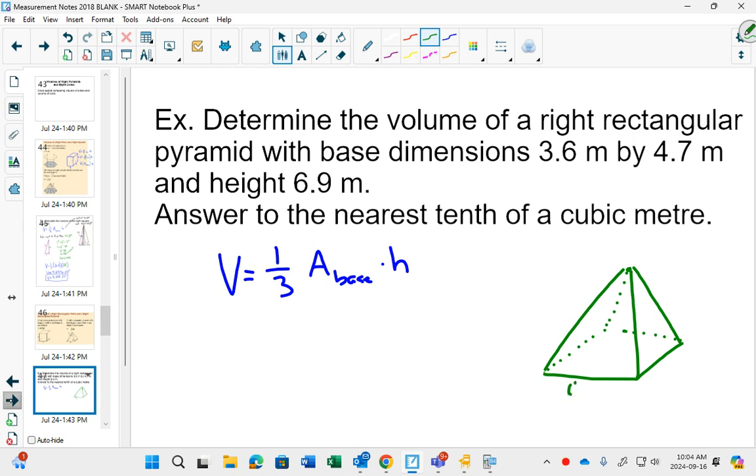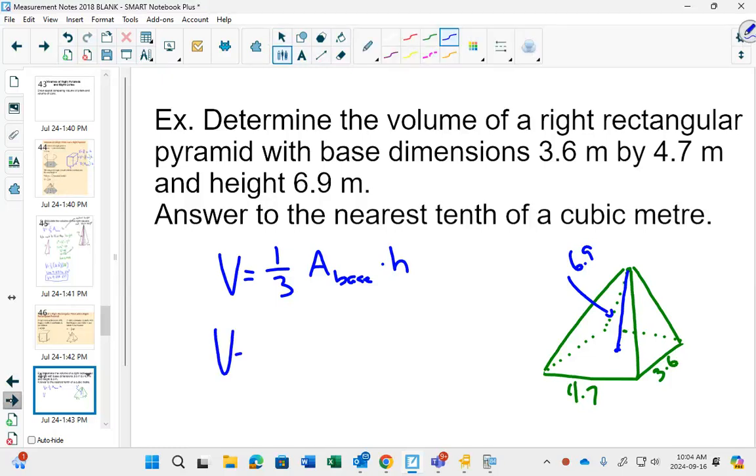This is 4.7 and 3.6. And the height, which goes right from the center all the way to the top, is 6.9. How nice is this? We don't have to find the slant height. Our formula uses the actual height, and the question gave us the actual height.